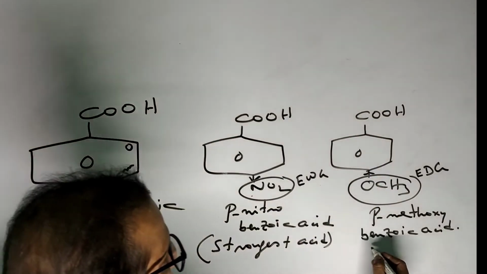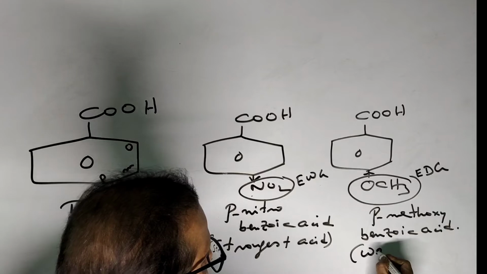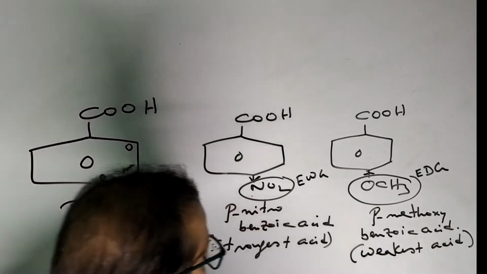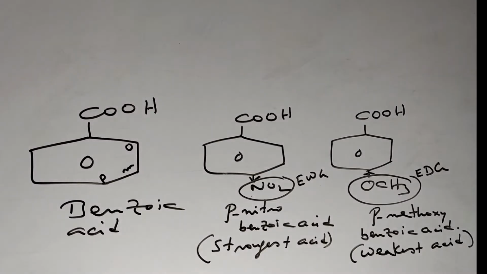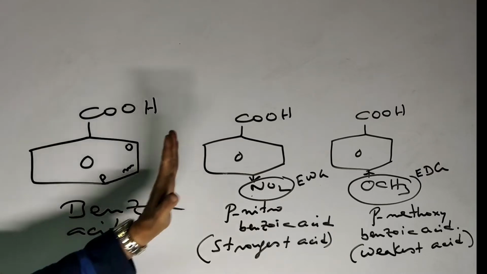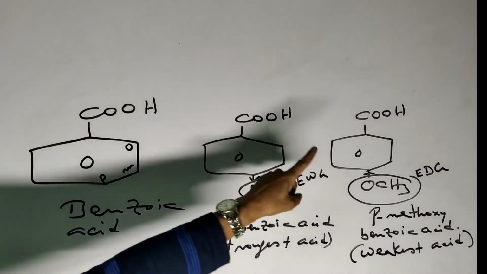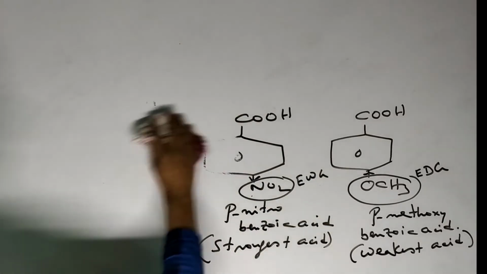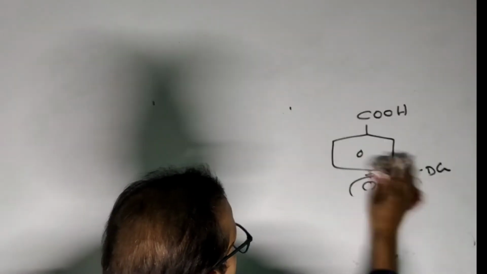So it is the weakest acid. So the decreasing order of acidity is this greater than this.